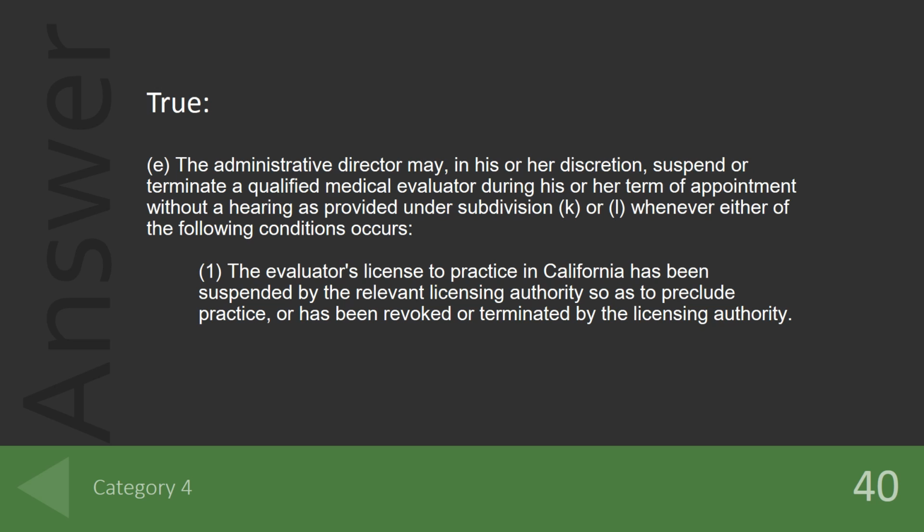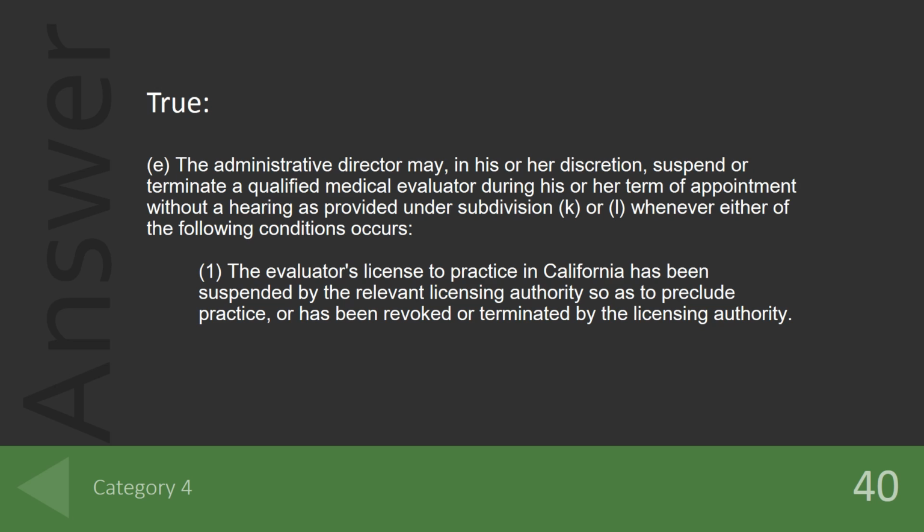Now, that seems like it should make some sense, but I want to elaborate on this a little bit more and share with you some of the built-in gravity of this section of Labor Code 139.2. And this goes a little bit beyond Labor Code 139.2 and introduces a discussion about the relevant licensing authority.